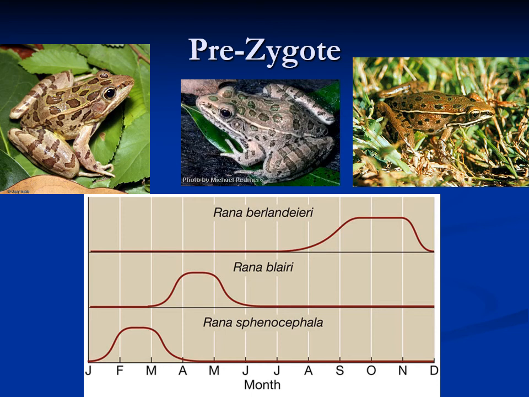So if they're near each other, you might get some exchange of genes between the two groups, but these guys are not going to mate with those guys at all at this point, right? They do not even overlap. They're not mating in the same season. So even if they could physically do it, if they could fertilize each other's eggs, it's not going to happen. And so these guys are already reproductively isolated.